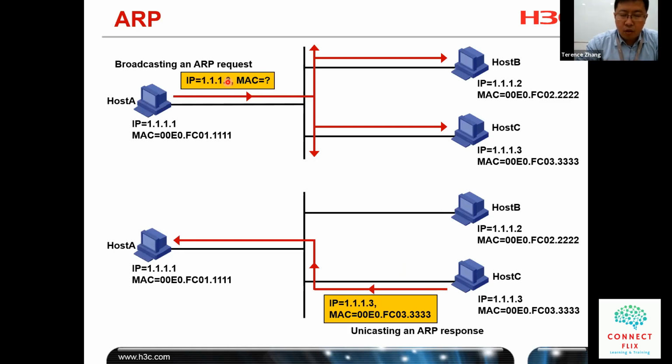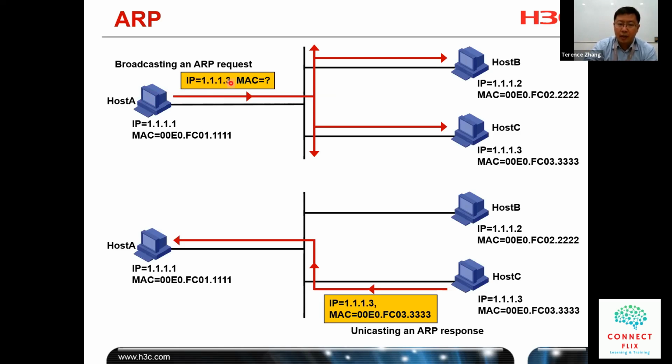When a host wants to send something out, it encapsulates the information layer by layer from the top. Say host A encapsulates the information from the application layer, transport layer, and then to the IP layer, where the destination IP address in the header points to 1113.